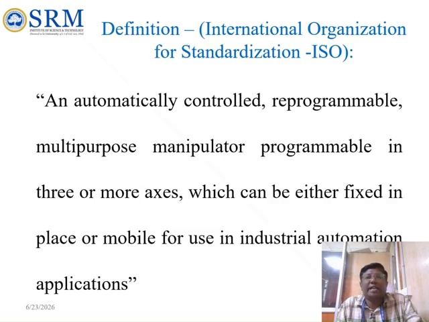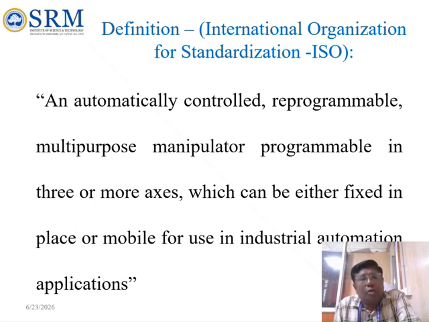If you look at the standard definition of ISO: an automatically controlled, reprogrammable, multi-purpose manipulator programmable in 3 or more axes, which can be either fixed in place or mobile for use in industrial automation applications. The definition given by the International Organization for Standardization says it should be automatically controlled, not manual, and reprogrammable as in the previous one.